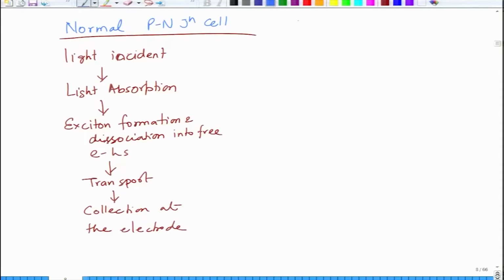However, in an organic device, while the steps remain the same, exciton dissociation is a problem.